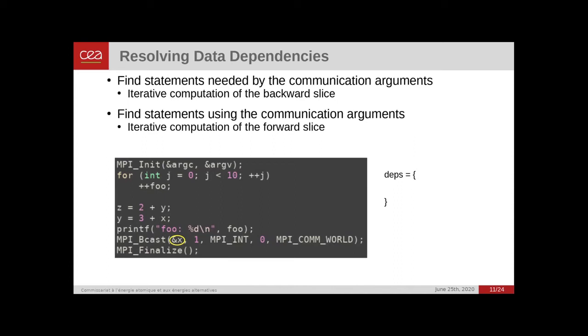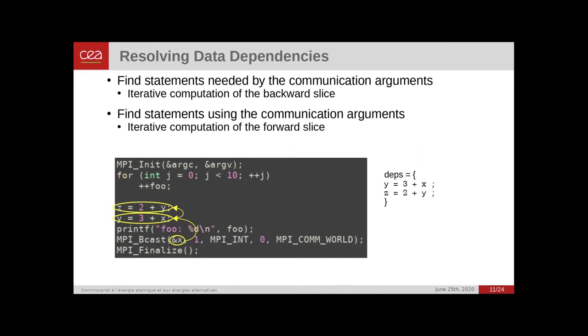And this is why we have to iteratively build the backward slice of the communication. So here in this example, this is the same as before. Well, we also have our y equal to triple x statement inside the dependency list, but this time we will not stop here, and we will get the dependencies of y as well.